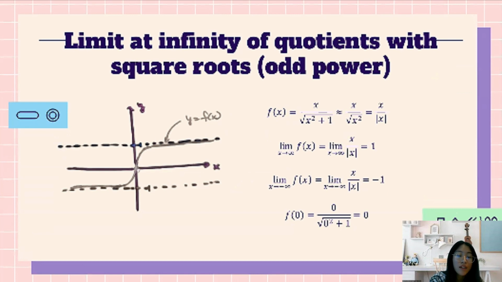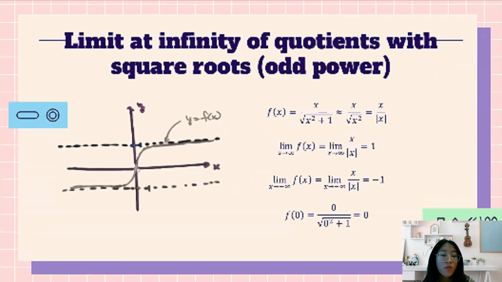As x gets larger and larger, in the positive or the negative direction, the x squared term will dominate, and the 1 doesn't matter so much. So this will be approximately equal to x over the square root of x squared.